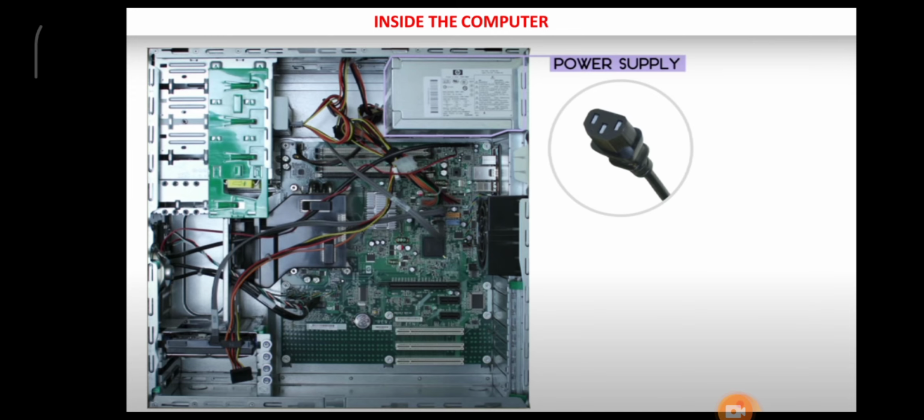So to avoid that, always go for an uninterrupted power supply, UPS. It will have a minimum 20 minutes backup. When the power supply is off, it will give you a beep sound. So you can save all your files and then shut down the system.